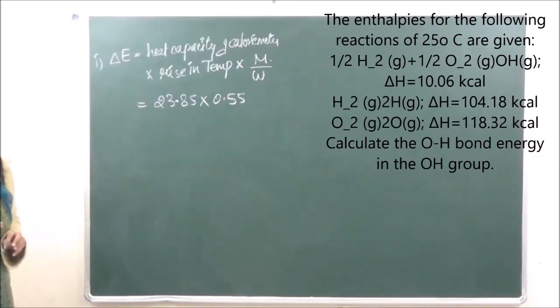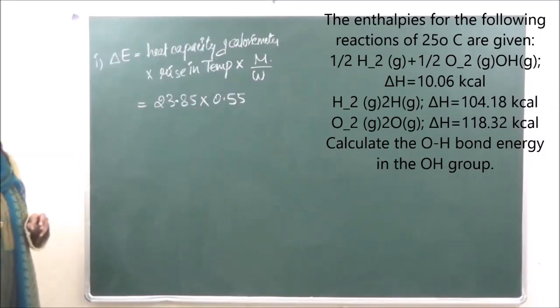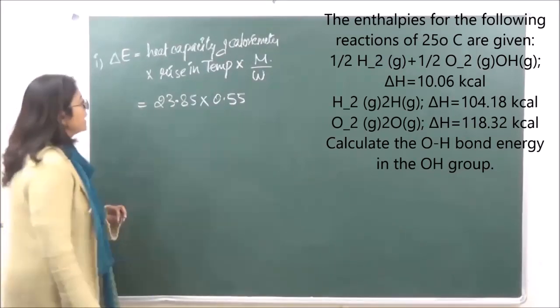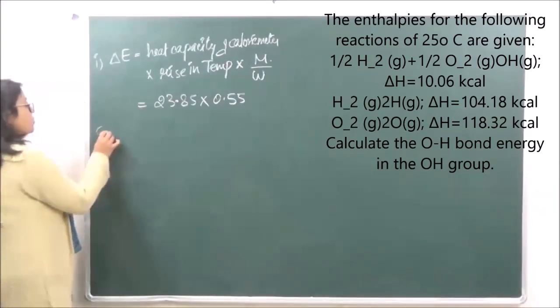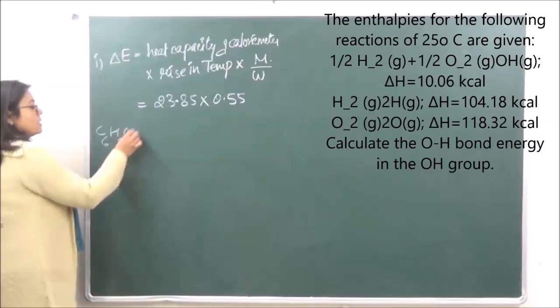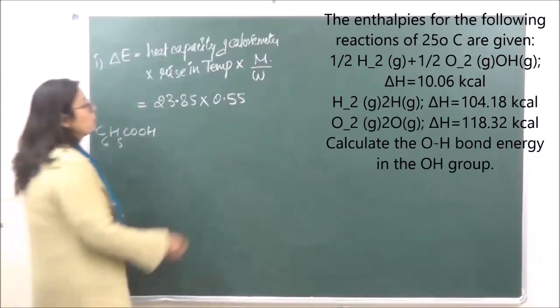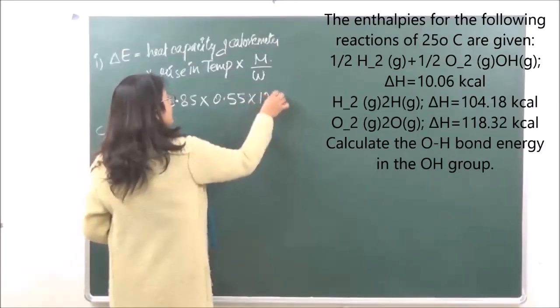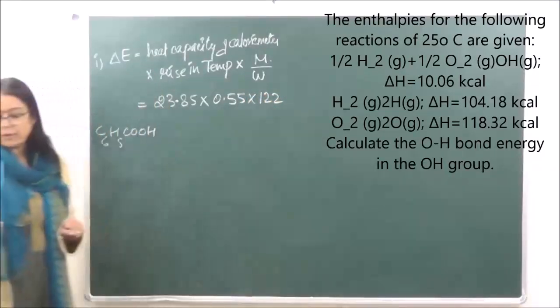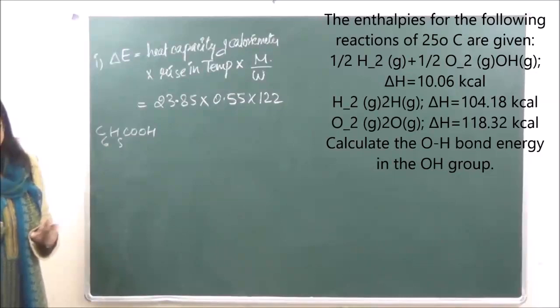Okay? Now the molar mass of benzoic acid we need to calculate. Benzoic acid is C6H5COOH. Its molar mass is calculated as 122. Okay?